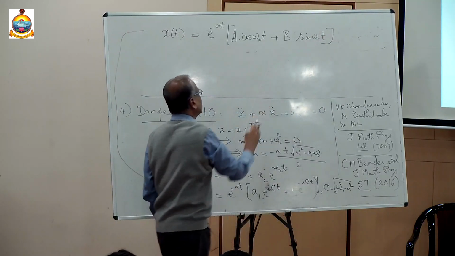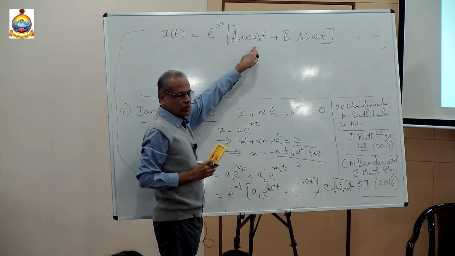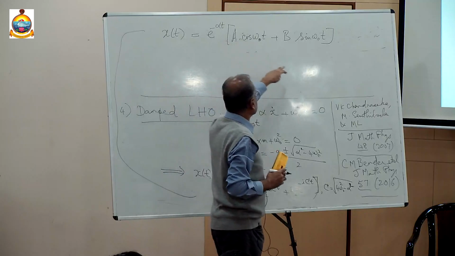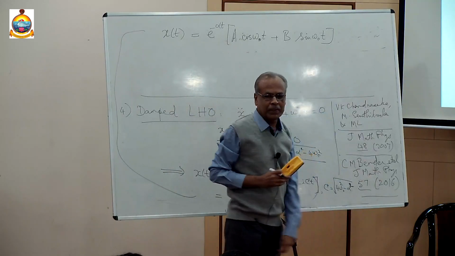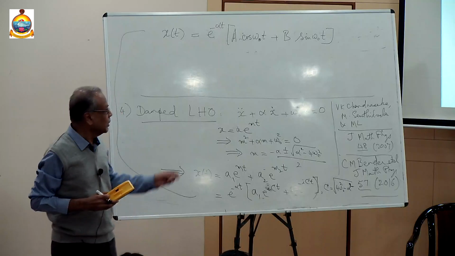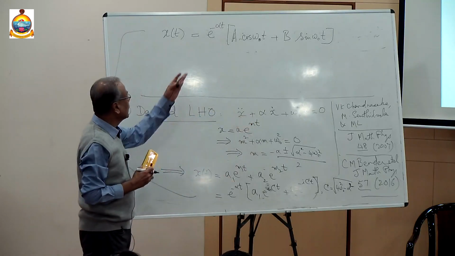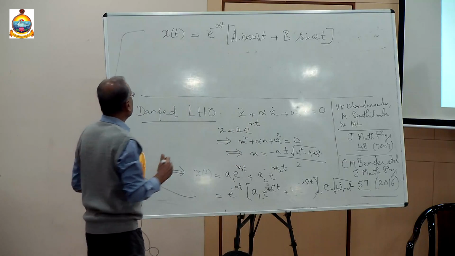So these are the two linearly independent solutions, e power minus alpha t cos omega naught t and e power minus alpha t sin omega naught t. Then the linear superposition is also a solution. Obviously this is a second order linear differential equation, so you have two linearly independent solutions.